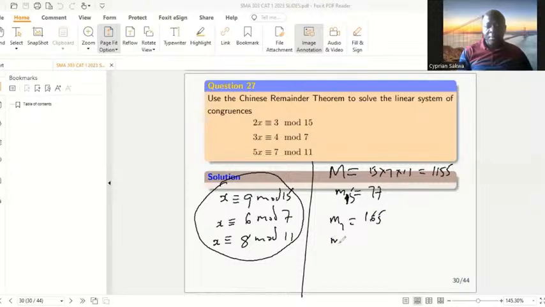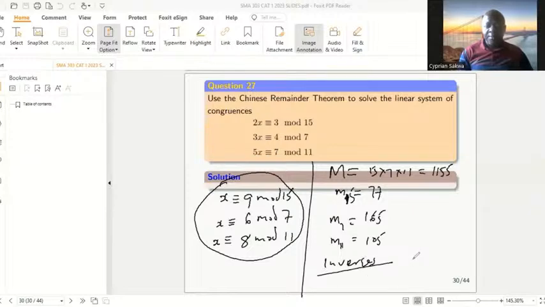Then for 11, 1155 divided by 11 gives me 105. Now find the inverses.